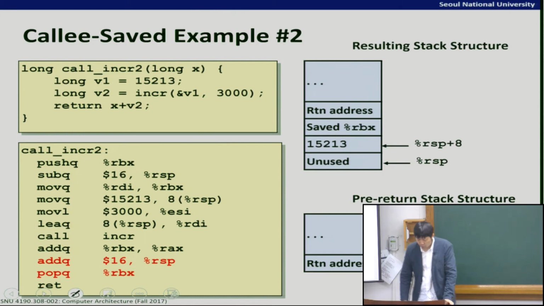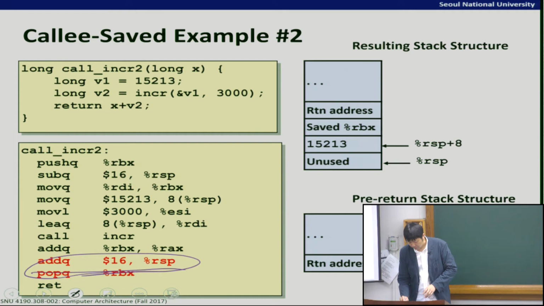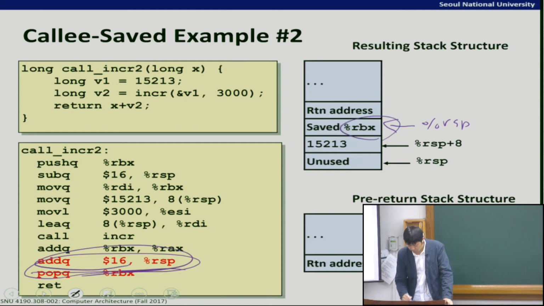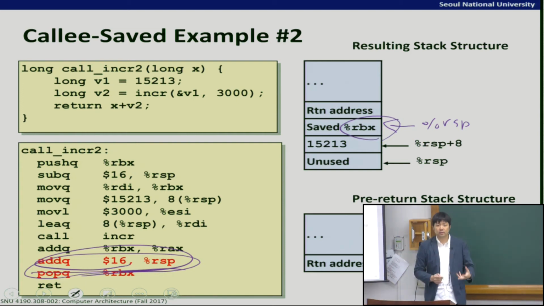And before we return, we simply add 16 to the stack pointer. So now, after executing this, the stack pointer will point like this. And then you execute pop, then the original value of RBX will be recovered.